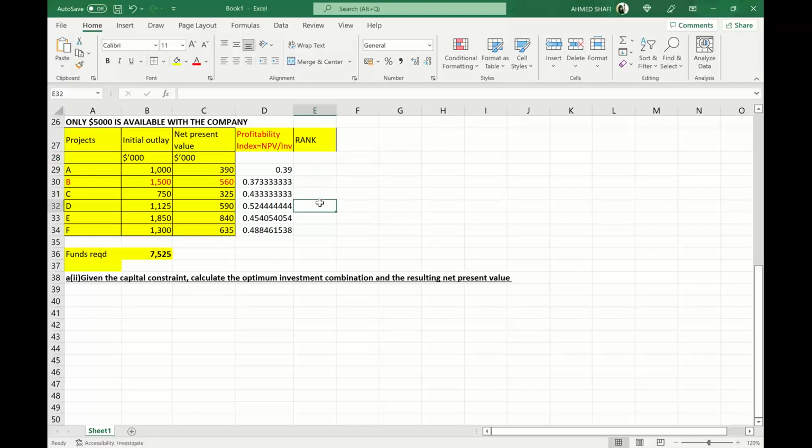So which is having the highest profitability index? 0.52 first, then second, then third, then fourth, then fifth, and then sixth.